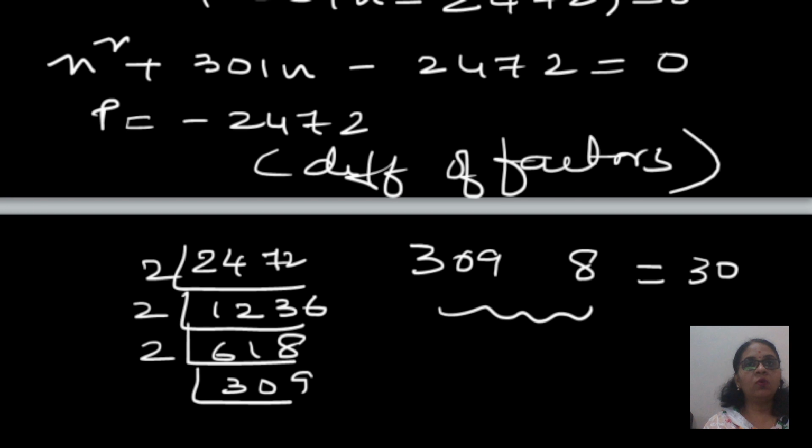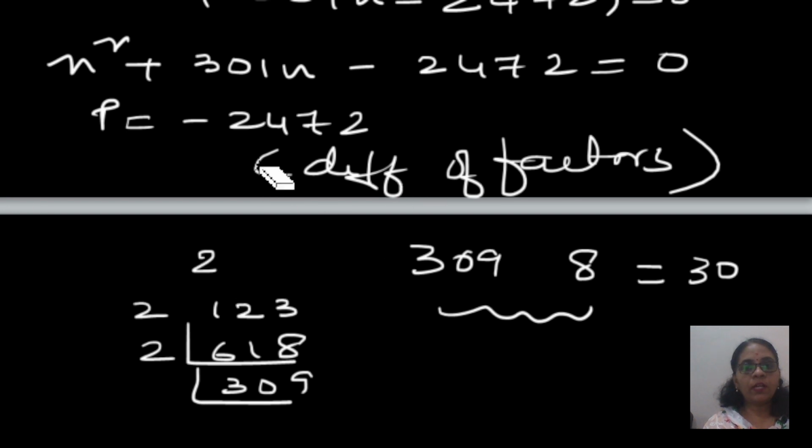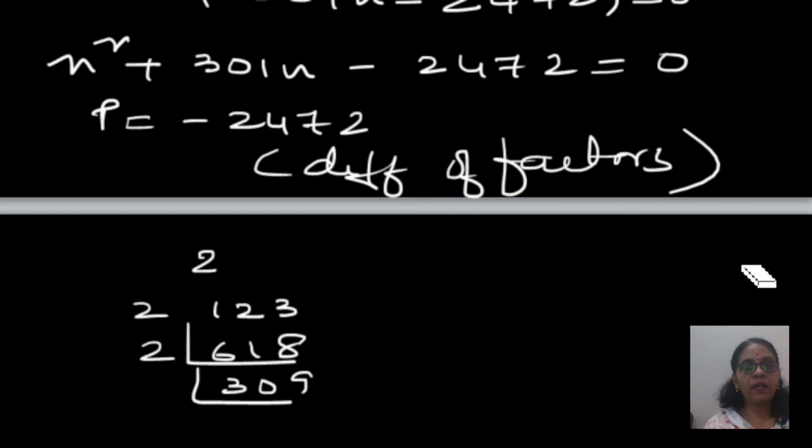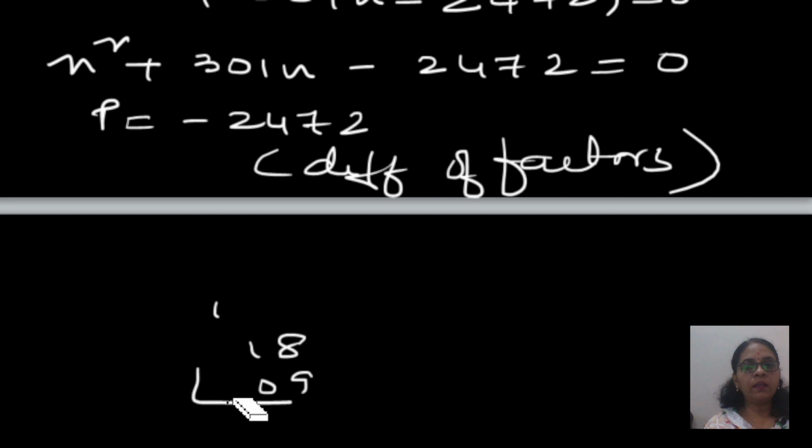Okay, so now let me erase it off. So what are the factors, children? The factors are 309 and 8. So let's finish this.